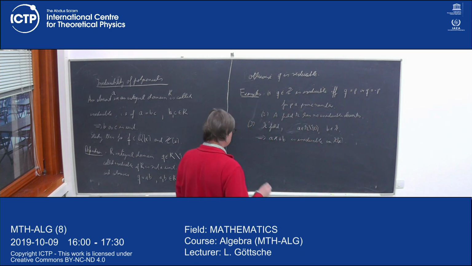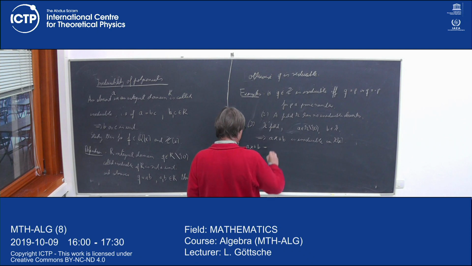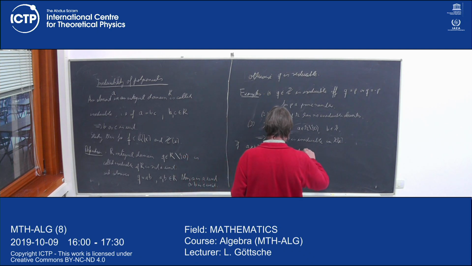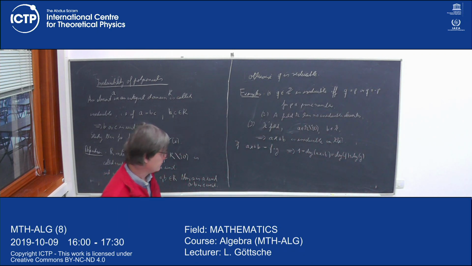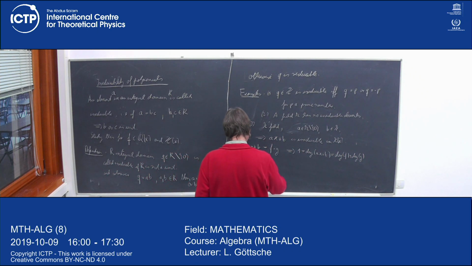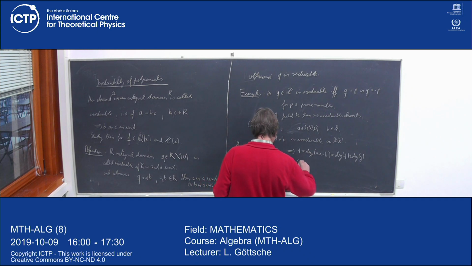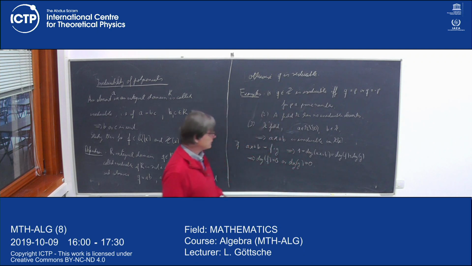And that's clear if we write AX plus B equal to F times G. Then it follows that 1, which is the degree of AX plus B, is equal to the degree of F plus the degree of G. So one of these two numbers must be 0: either the degree of F is 0, or the degree of G is 0.